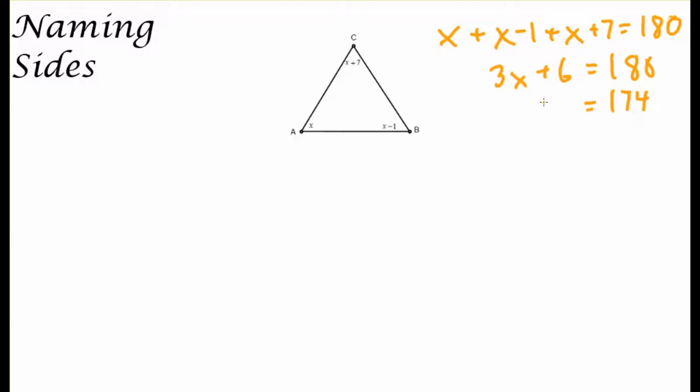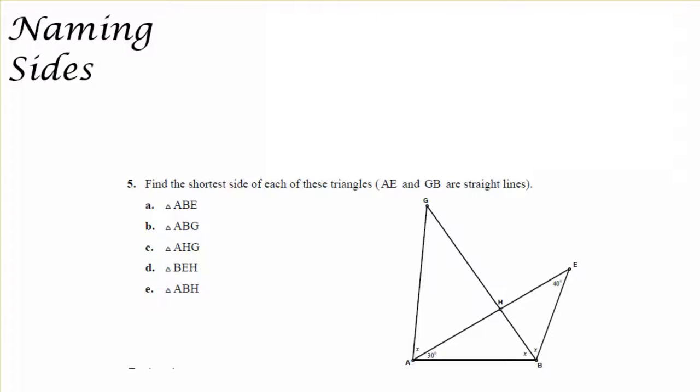Subtract 6 from both sides, I get 3x equals 174, and then x equals 58. So angle A will be 58, angle B will be 57, and angle C will end up being 65, which is 58 plus 7. Since angle B is the smallest, side AC is the shortest side of this triangle.